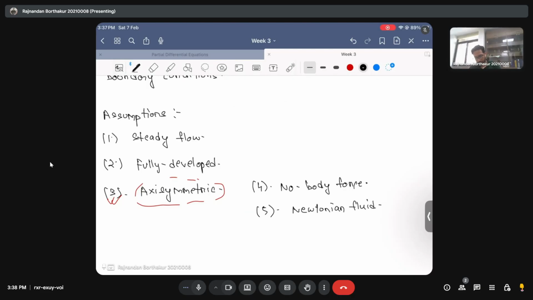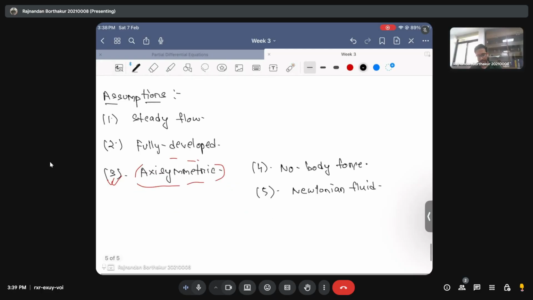That's it. So these are the assumptions. The rest of the assumptions we have already seen in the previous class, but I hope you understood the physical meaning of the axisymmetric assumption that we have used here for curvilinear coordinates in solving this problem. All right, I hope this is clear.